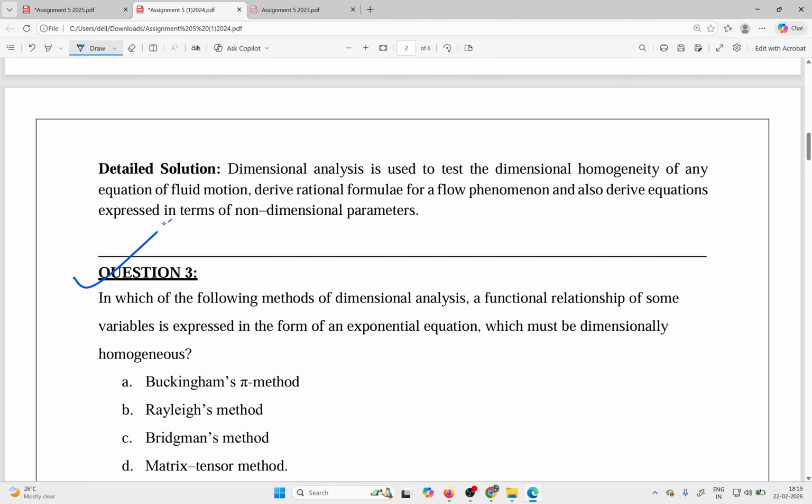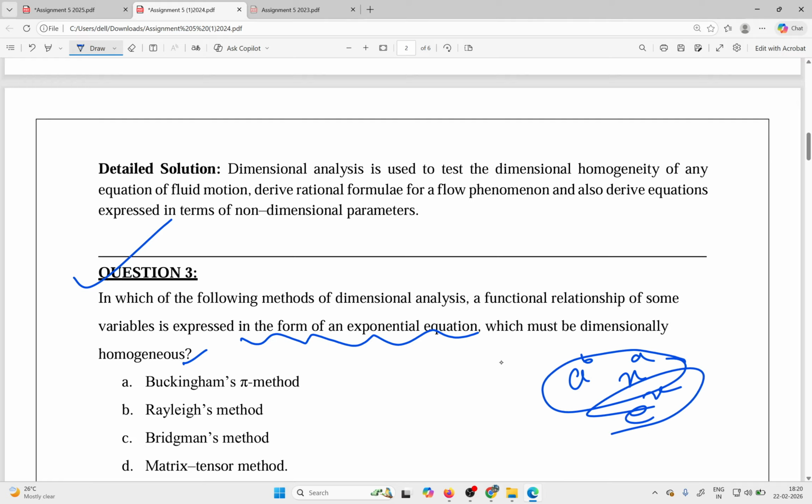For question number three, in which of the following methods of dimensional analysis a functional relationship of some variables is expressed in the form of exponential equation, which must be dimensionally homogeneous? Remember please here, in the form of exponential equation means something a to the power b or x to the power a, like that, the exponential form e to the power x.